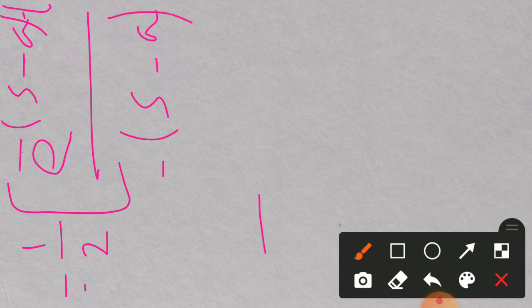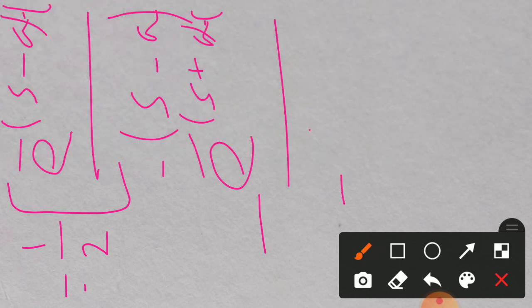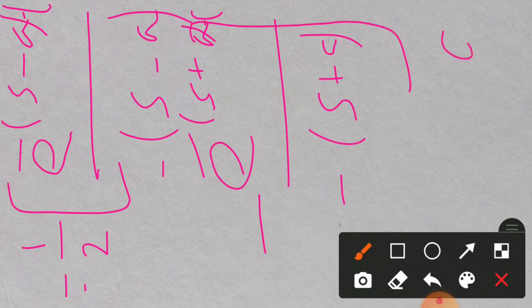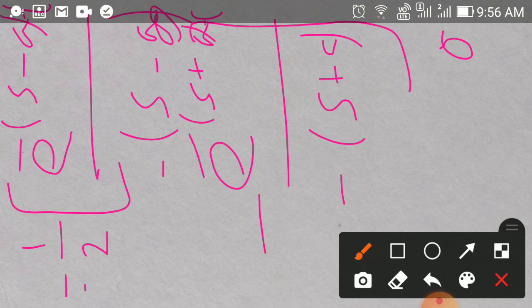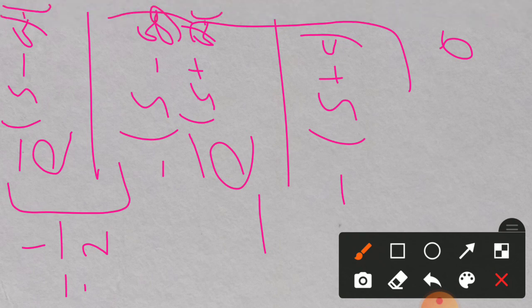Similarly, integration of e raised to power minus s plus a t will be e raised to power minus s plus a t divided by minus s plus a. Close the bracket and limits are 0 and infinite. Now we will put the limits, that is upper limit minus lower limit, and then we will calculate the Laplace transform of first hyperbolic trigonometric function, that is sin hyperbolic at.